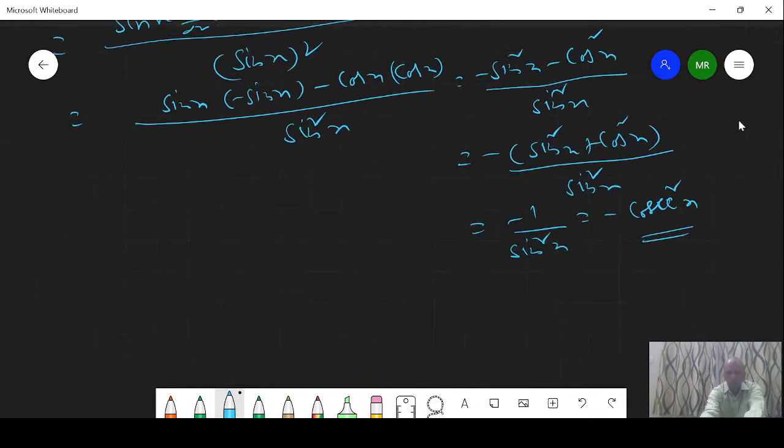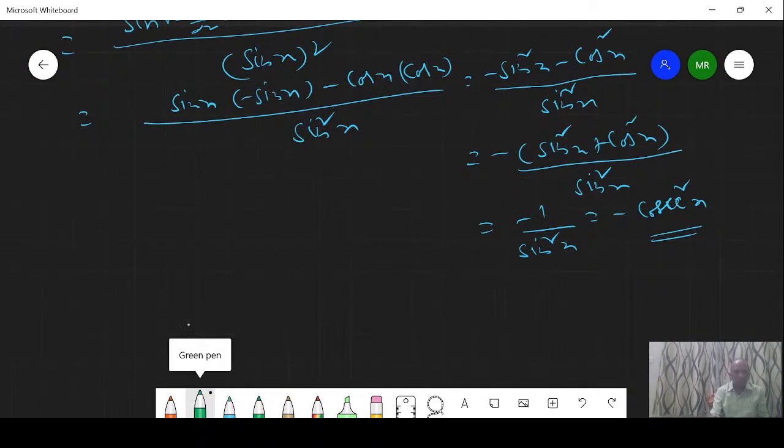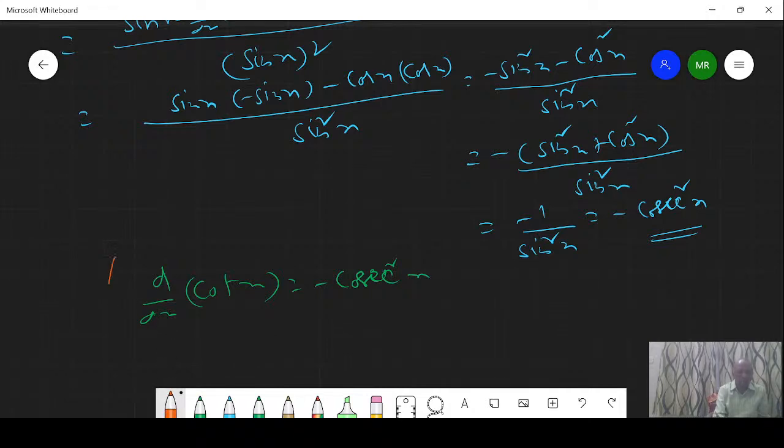So finally I can conclude that d by dx of cot x is minus cosecant square x. Correct? You can remember this in your list of formulas: the derivative of cot x is minus cosecant square x.